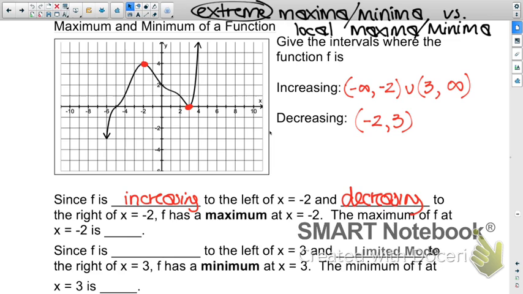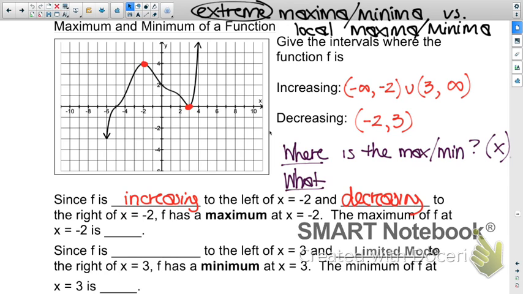Now, there are 2 questions that you will be asked, and this confuses people every year. Where is the max or min? This is asking for an x.